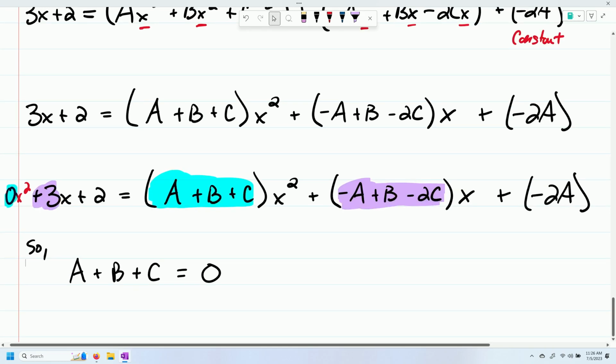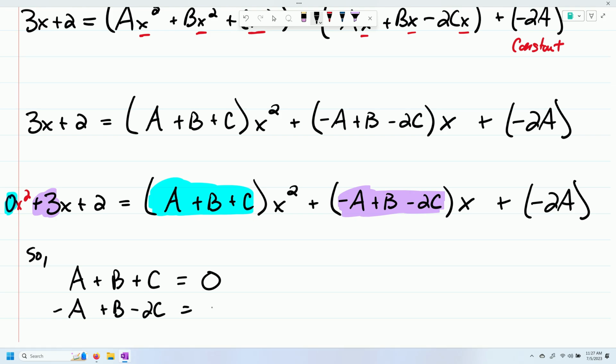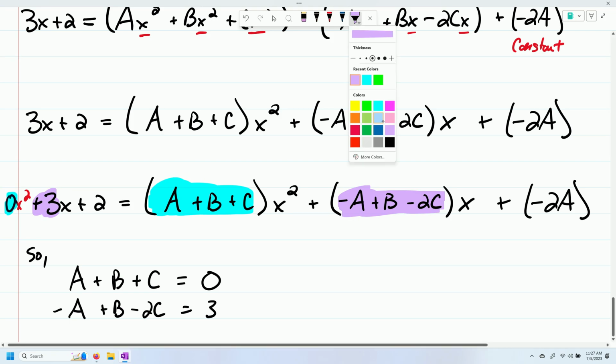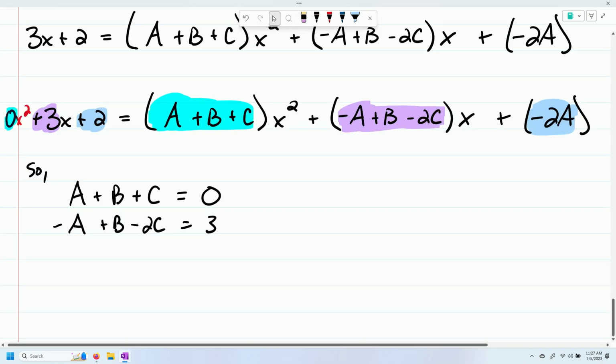So, negative a plus b minus 2c equals 3. And finally, negative 2a has to equal positive 2. So, negative 2a has to equal positive 2.